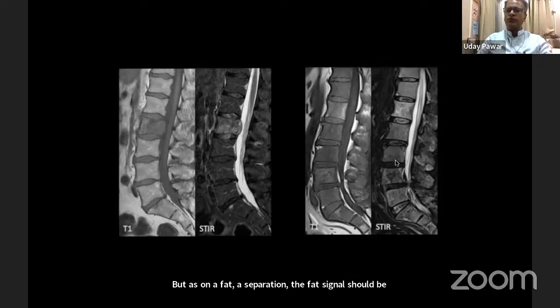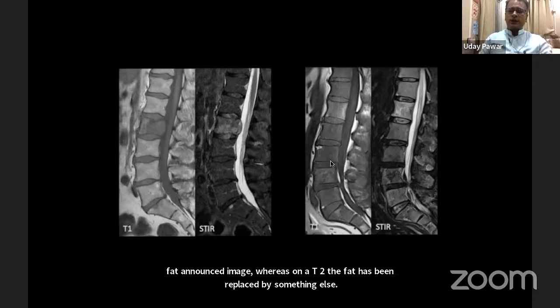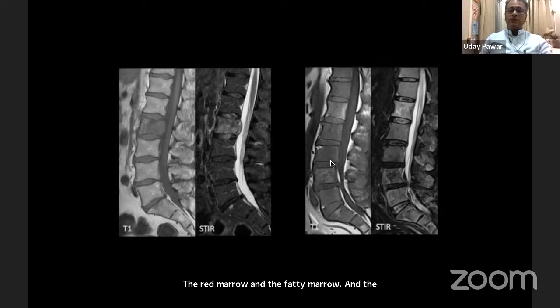But where you see a fat-enhanced image, whereas on the T2 the fat has been replaced by something else, the red marrow and the fatty marrow. When the fatty marrow is being replaced by other cells, then you see such a diffuse pattern on a T1. These things the radiologist will definitely tell. Most of the radiologists tell us about a diffuse leukemia-like pattern for this patient on the right side.